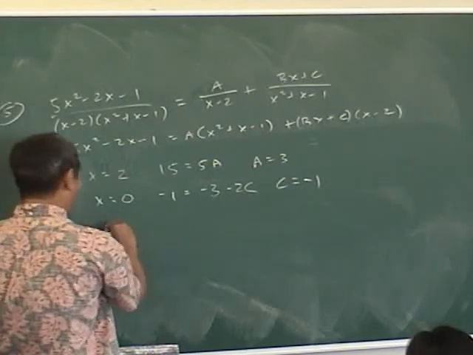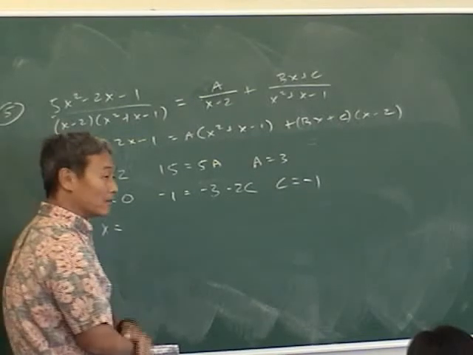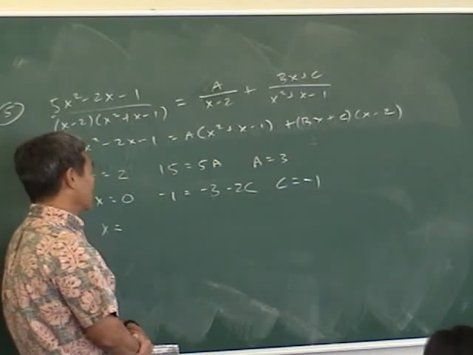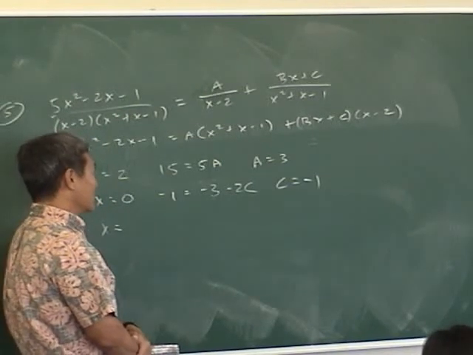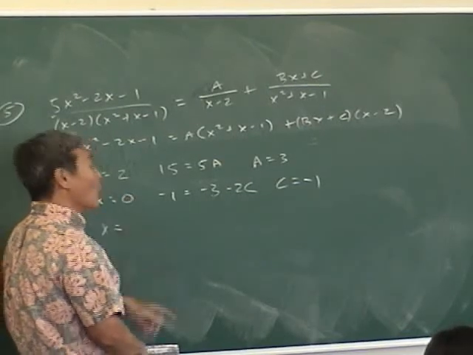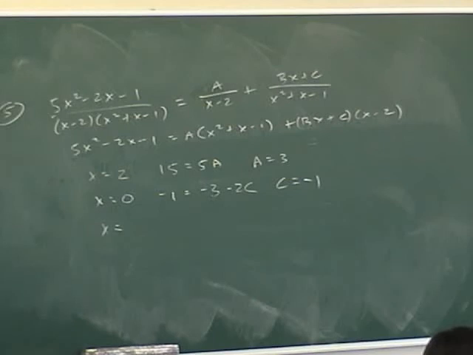Now, to figure out b, we've got to plug in another number. What do you think? What's a nice small number that's not 0 or 2? 1! Why you want to plug in 3 when you can plug in 1?